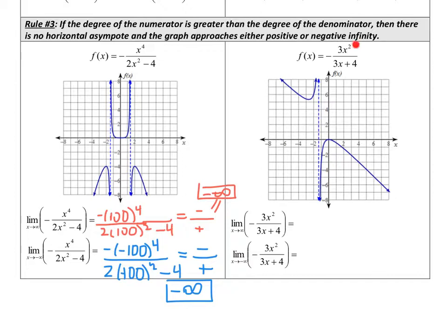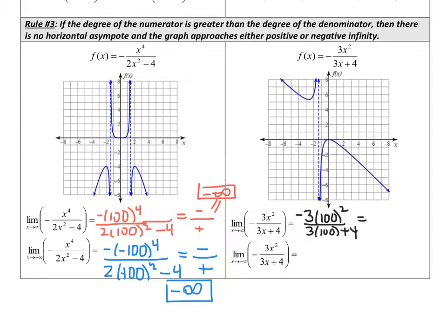All right, let's look at a different example. So again, the degree of the numerator is greater than the degree of the denominator. So we know they're going to approach some sort of infinity. So let's prove it. We're going to pick a really, really large number. So again, let's use 100. So we have negative 3 times 100 squared over 3 times 100 plus 4.